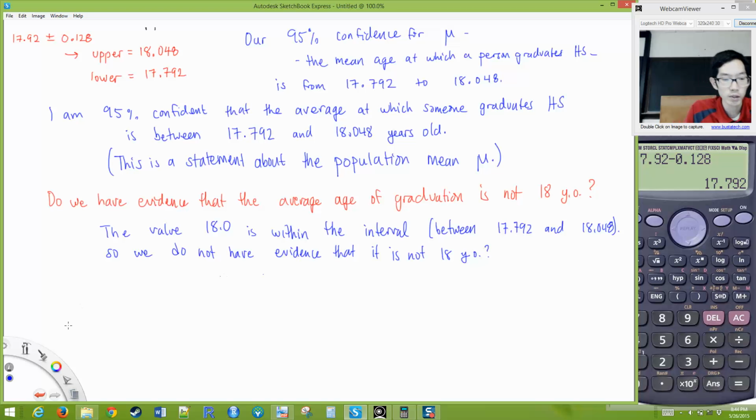Okay. What if someone asks, does the confidence interval provide evidence that the average age is 18 years old?